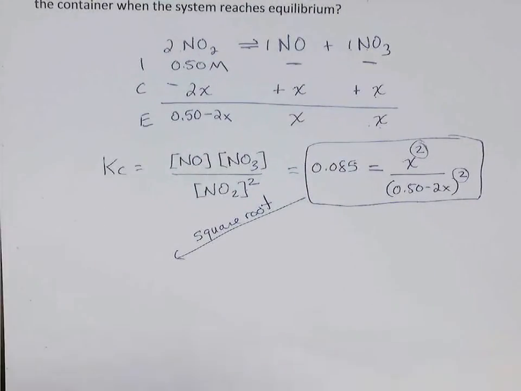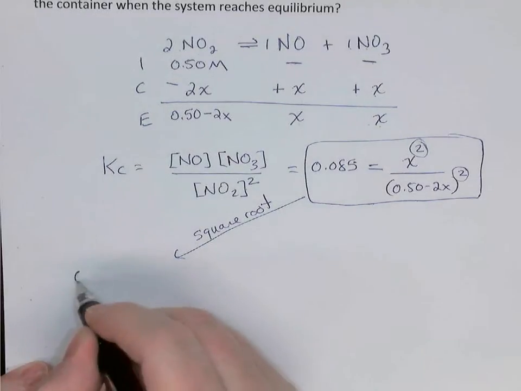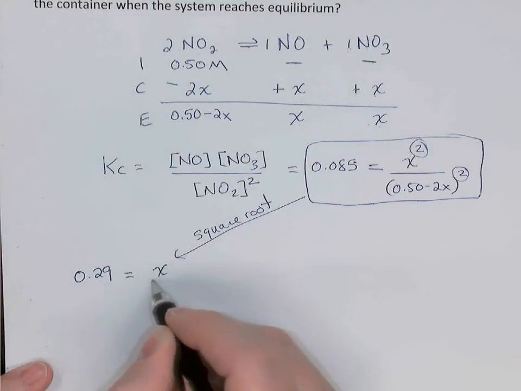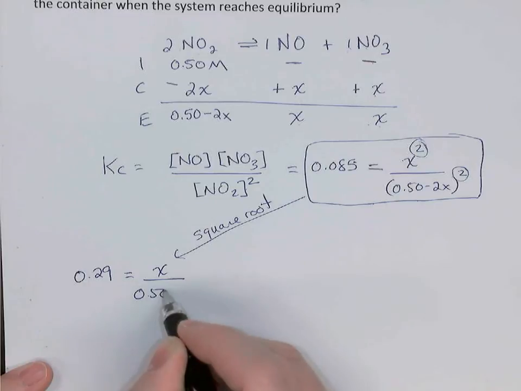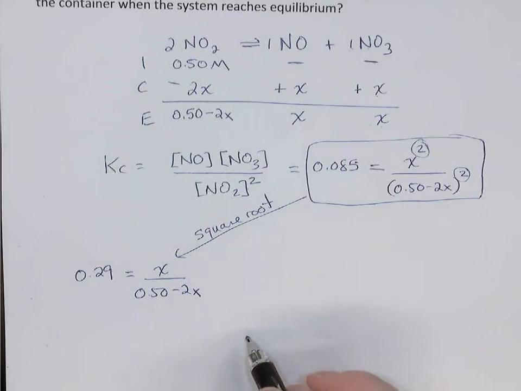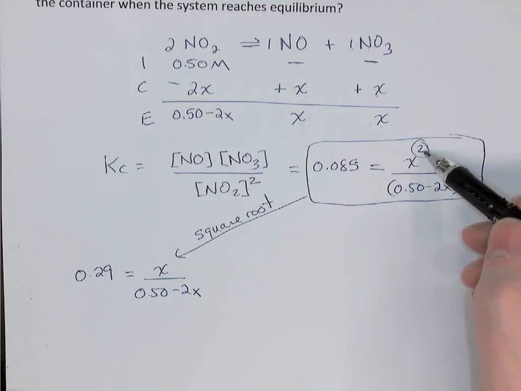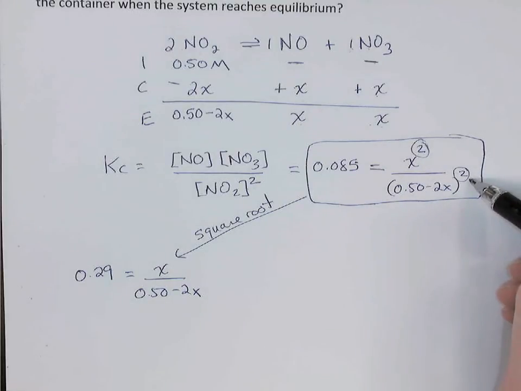If I square root both sides, the square root of 0.085 is, let me find my square root button on this new calculator, so the square root of 0.085 is 0.29, which will equal x over 0.5 minus 2x. So square rooting here made sense because there was something squared over something squared.